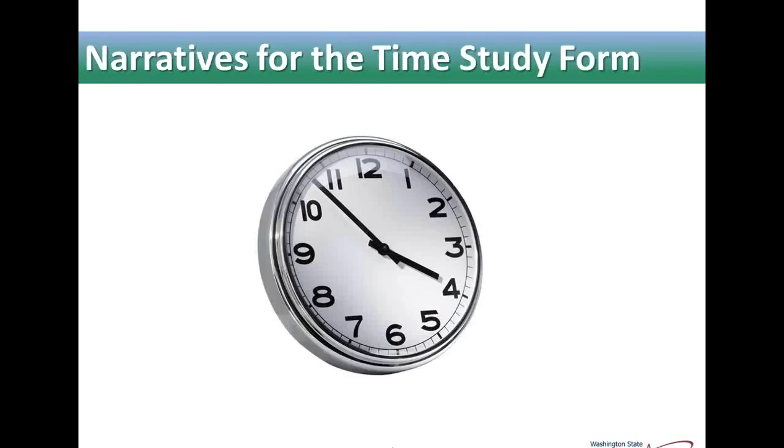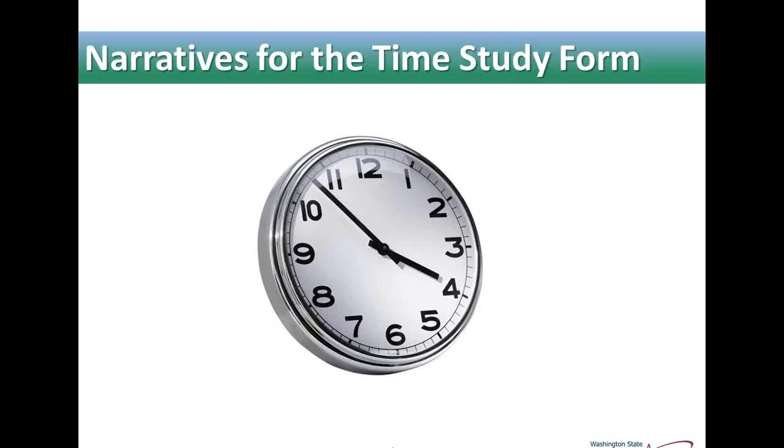Let's look at narratives for the time study form. Participants must report 100% of all activities they perform during the regular school day or base contract hours on the time study day. The use of parallel activity codes ensures the time study captures 100% of the time spent on all activities.